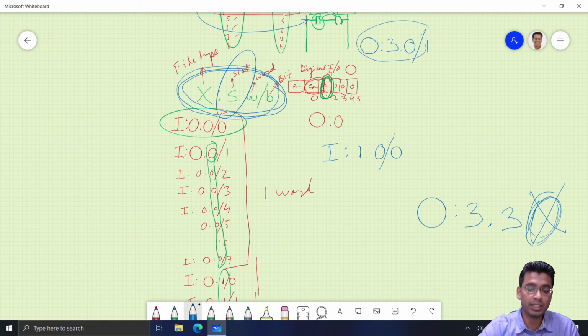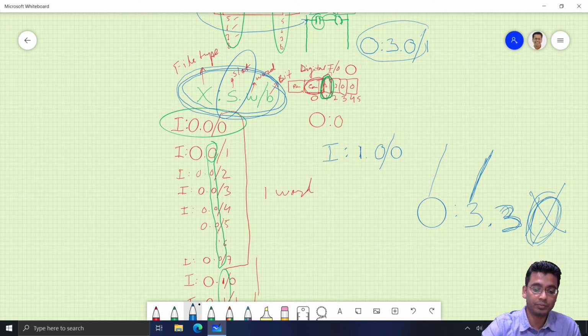That means it says it is an output, that output is placed in the third slot, and in the third slot it is using word number 3. Those bits will not come here because every analog requires how much memory? It requires one word of space, it does not require any bit.